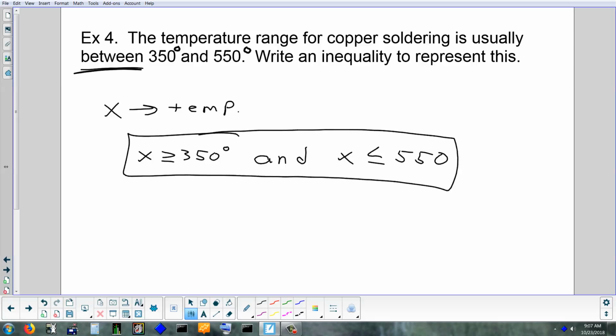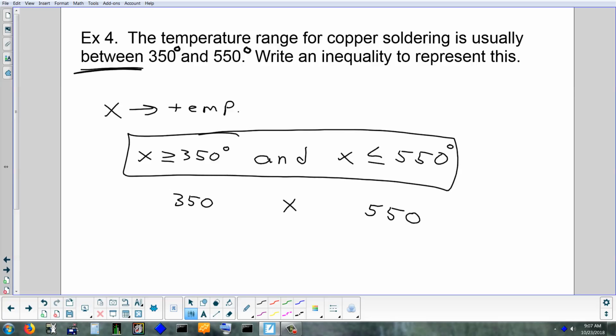Okay, just because we got a couple minutes, just to practice combining it. If we wanted to put that into one statement without the word and, how would we do it? Put the x in the middle. I like that. Yep. The lower temperature on the left, higher temperature on the right. Which way, Nathan, which way do my inequality symbols point?